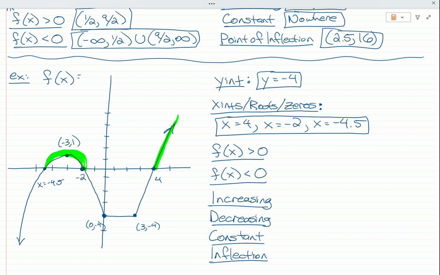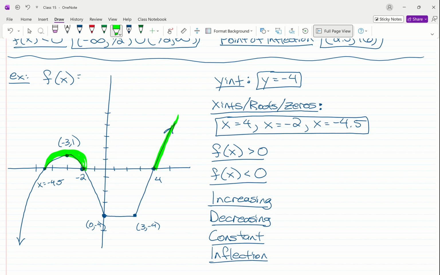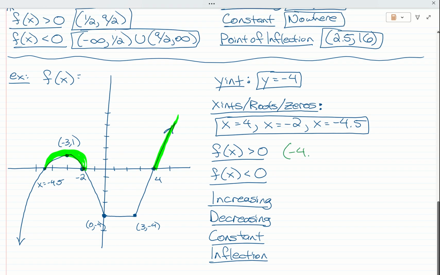So the question is, how are we going to write that? We're going to use our interval notation, and it looks like between -4.5 and -2 in union with 4 to infinity. Those would be where the graph is above the x-axis.